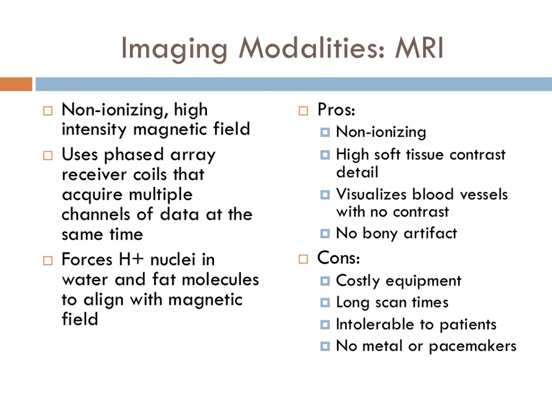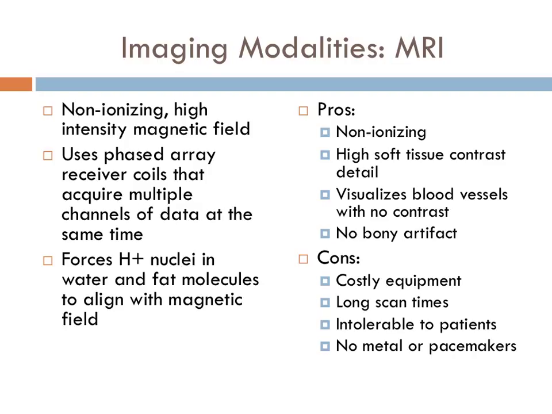Moving on to another modality, MRI. MRI is the first non-ionizing modality we're going to talk about. It uses a high-intensity magnetic field, and it utilizes gradient coils that turn radio frequency pulses on and off throughout the imaging process.